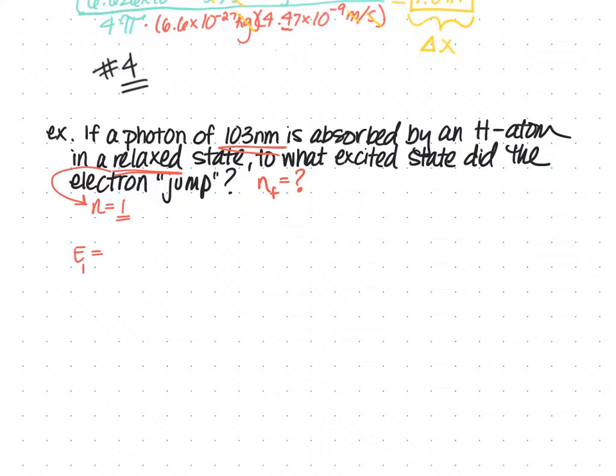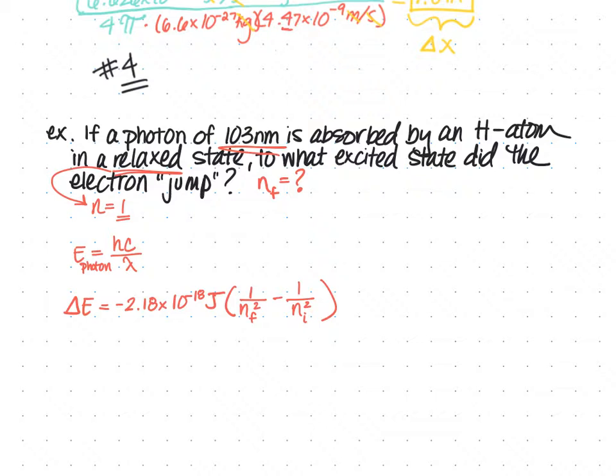I know the energy of a photon is equal to Planck's constant times the speed of light over the wavelength of that light. I also know the change in energy of an electronic transition is equal to negative 2.18 times 10 to the negative 18 joules multiplied by 1 over n final squared minus 1 over n initial squared.